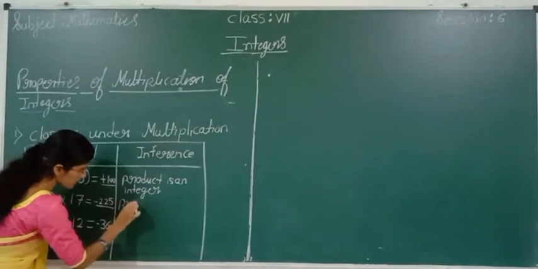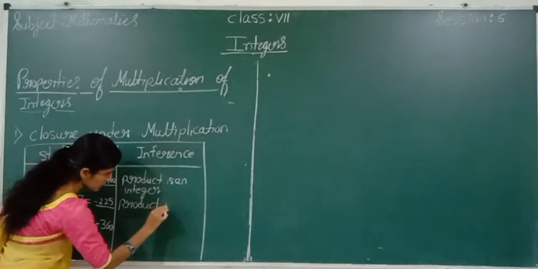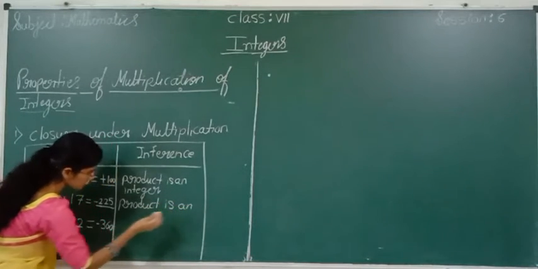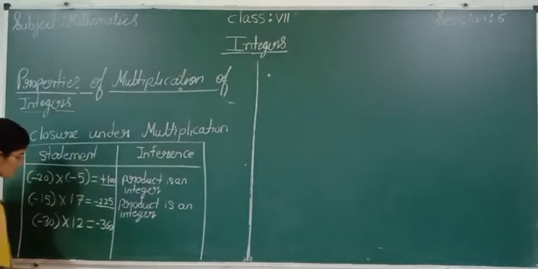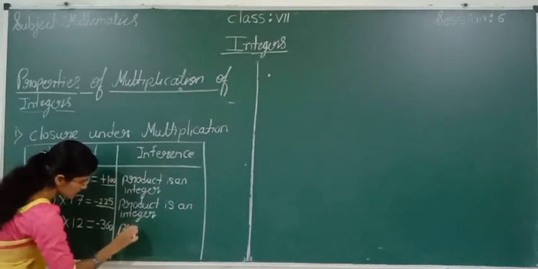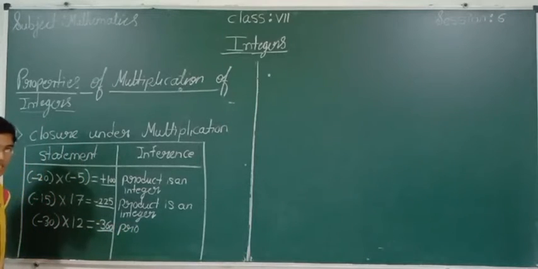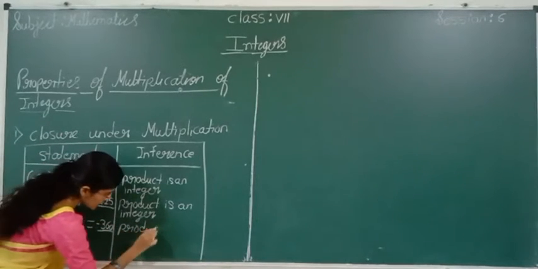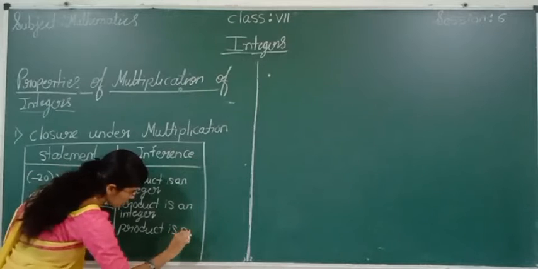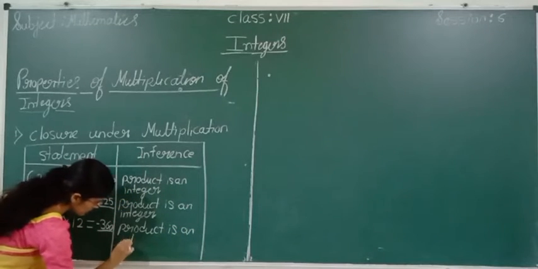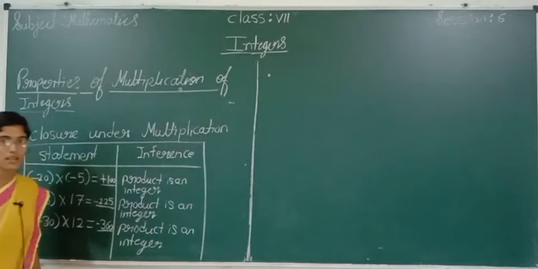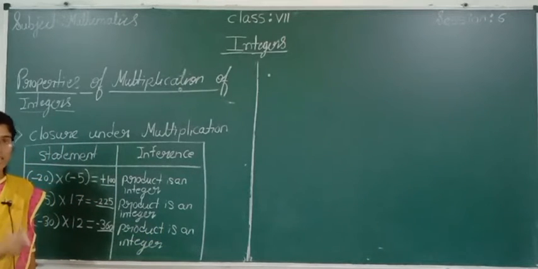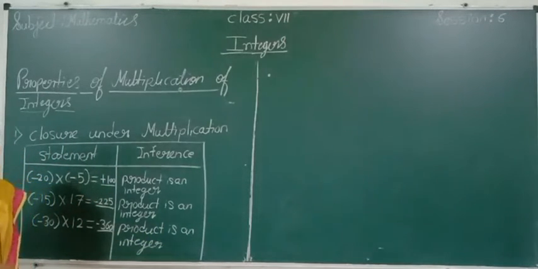Yes, what we can tell? Product is an integer. Now see here, minus 30 into 12, minus 360. Here also minus 360 is an integer. Yes, product is an integer. What we can tell? If we multiply two integers, the answer will be again an integer only.